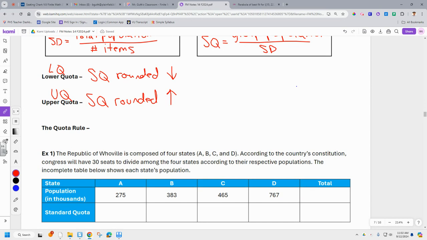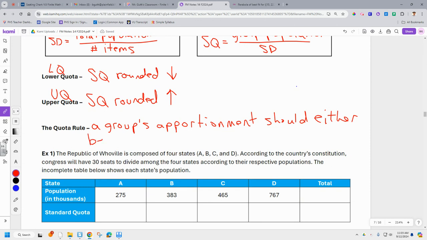The quota rule says a group's apportionment should either be the lower quota or the upper quota. That's the quota rule.